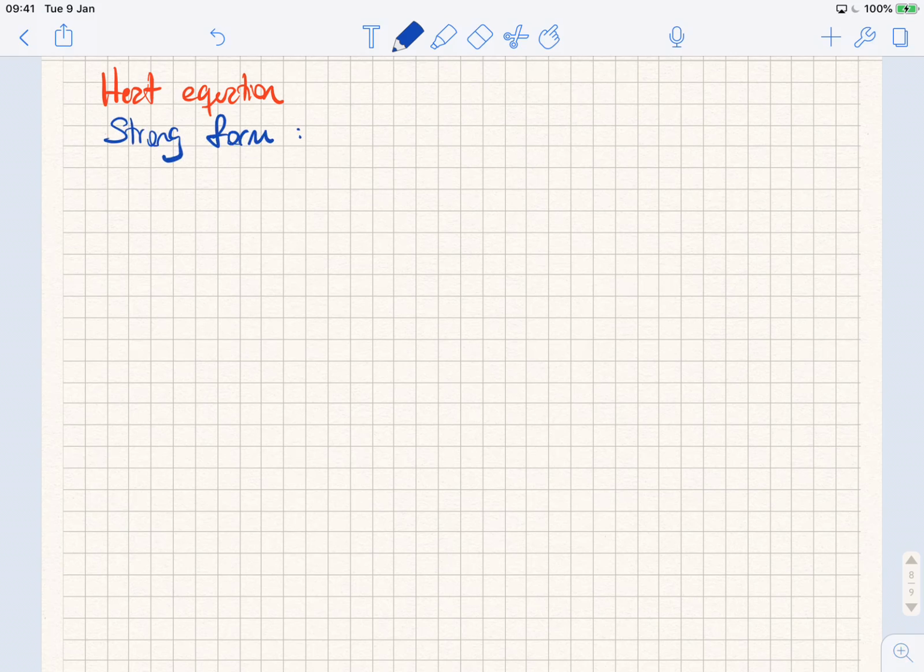So for the strong form, we say, well, given our conductivity K, that is a scalar. Now we're going to have a heat source F. That is also a scalar function.